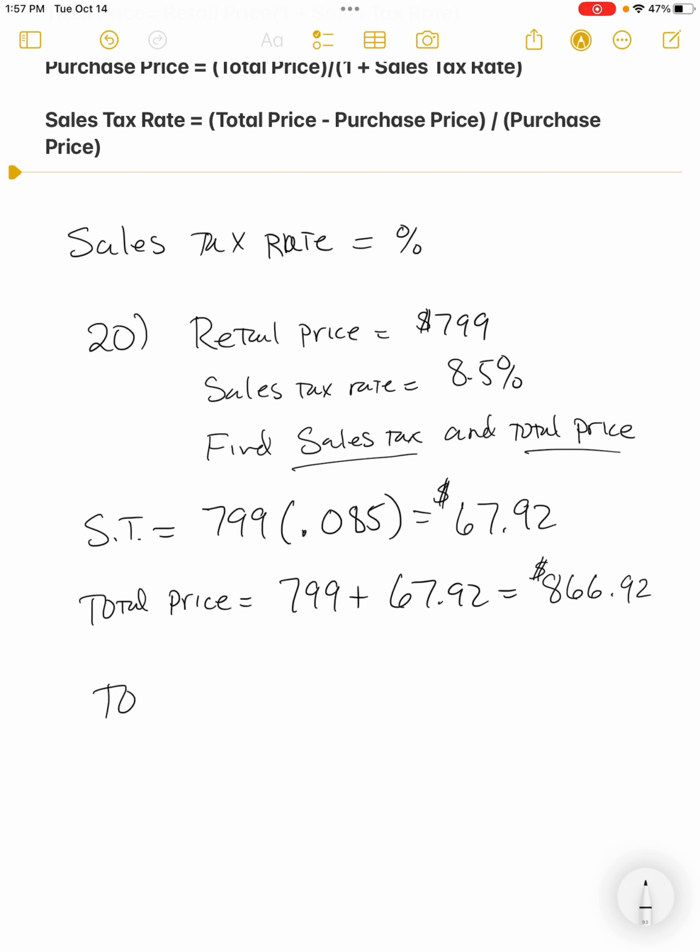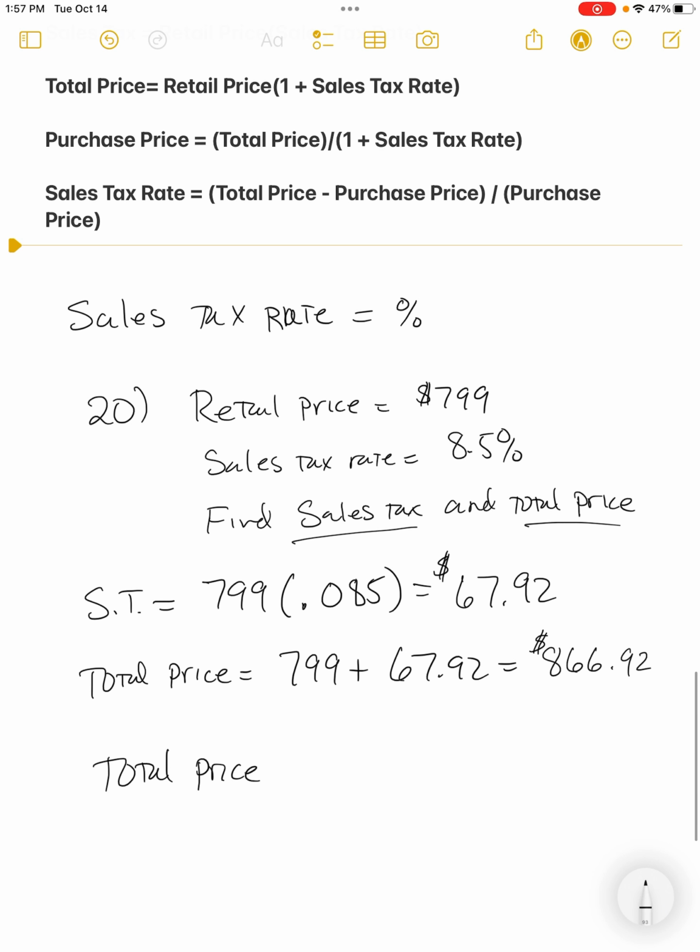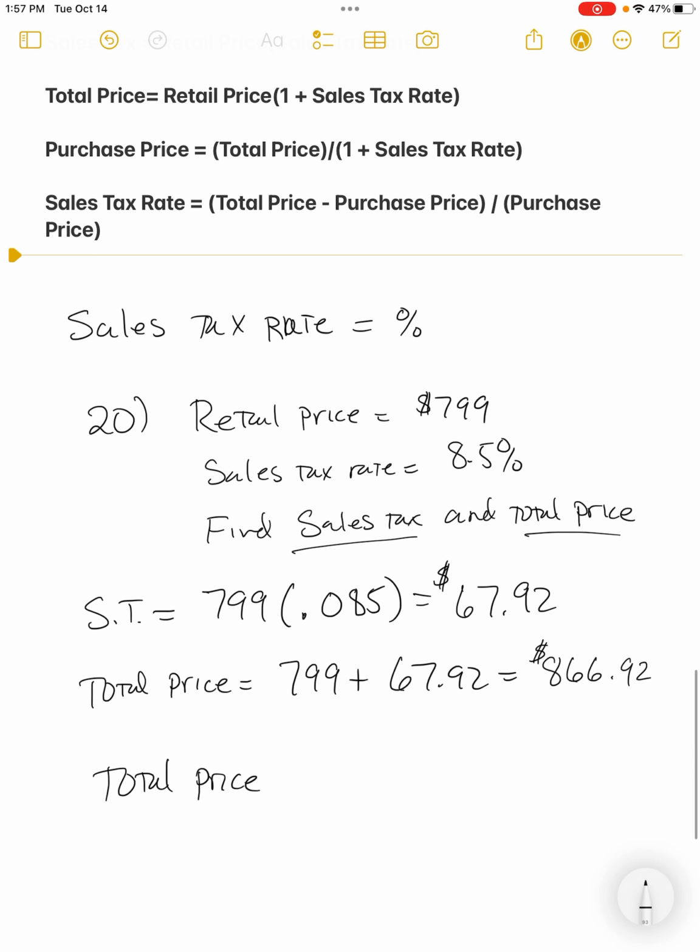There's also a total price formula, and I'm going to have to bring this down a little bit. It's at the top of the screen right now, and it says I could have just taken $7.99 times 1 plus the sales tax rate. That will give me the same answer.